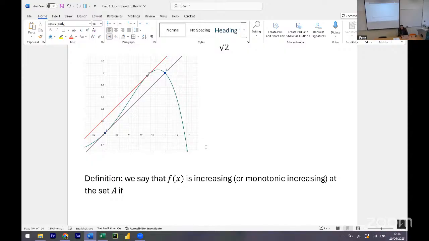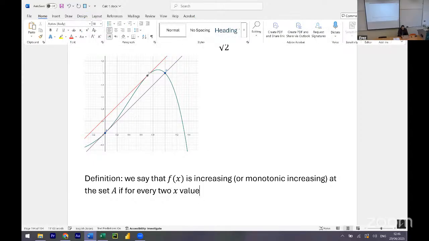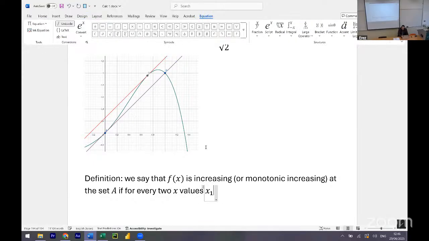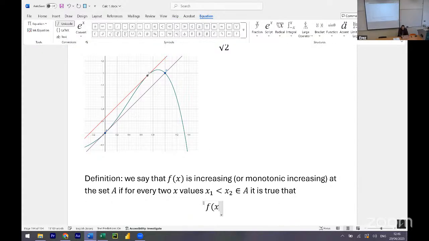So if for every two x values, x1 smaller than x2 from A, it is true that the value of f at x1 is smaller or equal to that at x2.